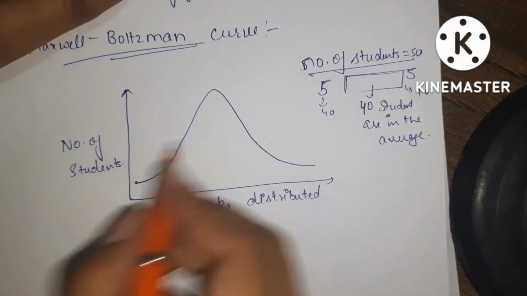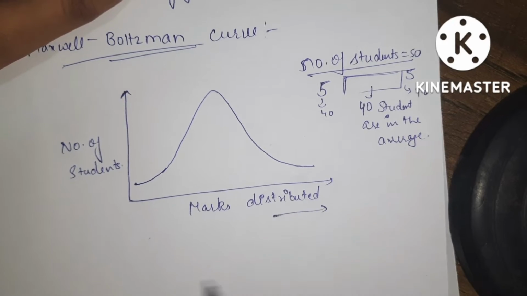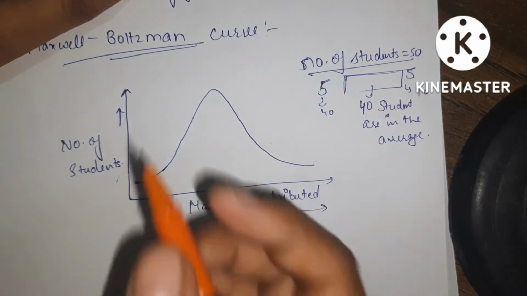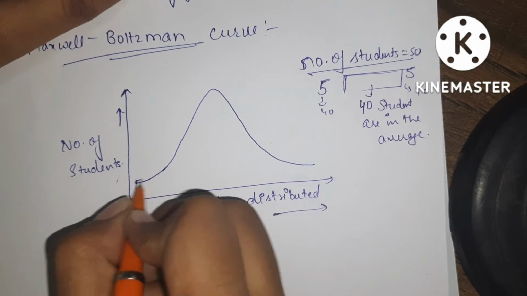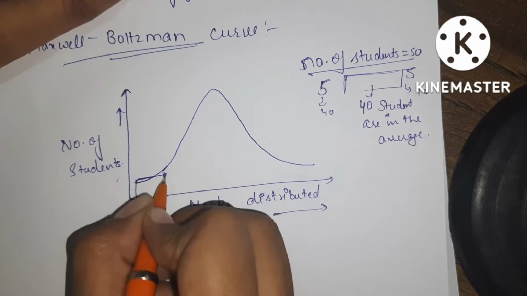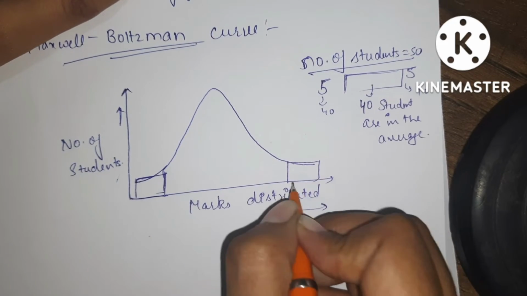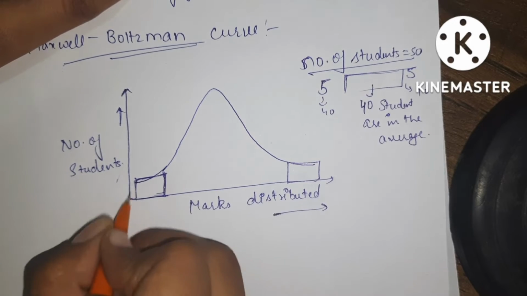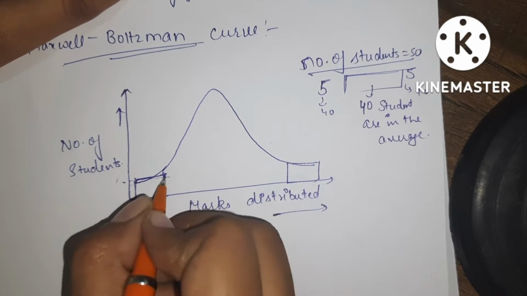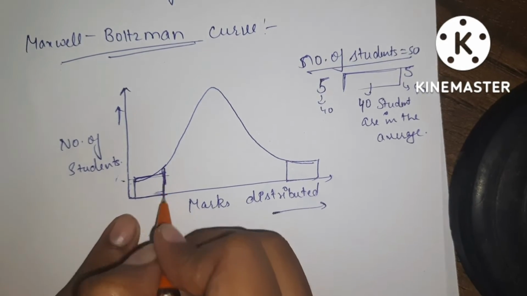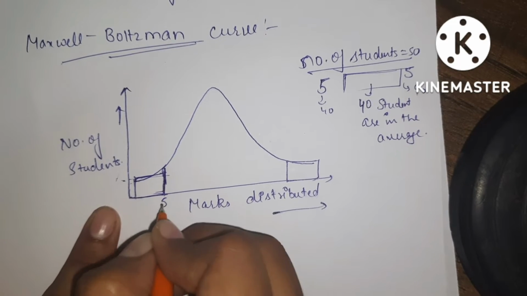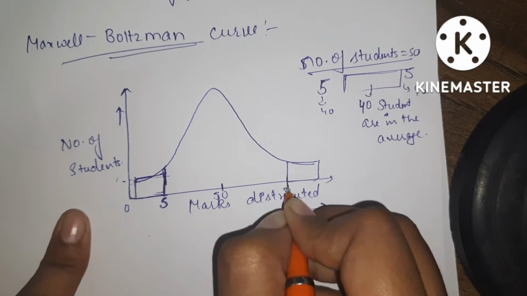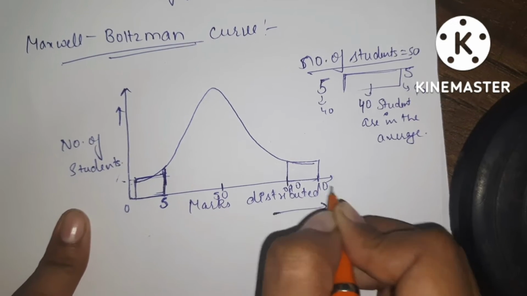Here on the x-axis I have the marks distribution, and on the y-axis the number of students. Suppose this is 5 marks, this is 50 marks, this one is 90, and this is 100.